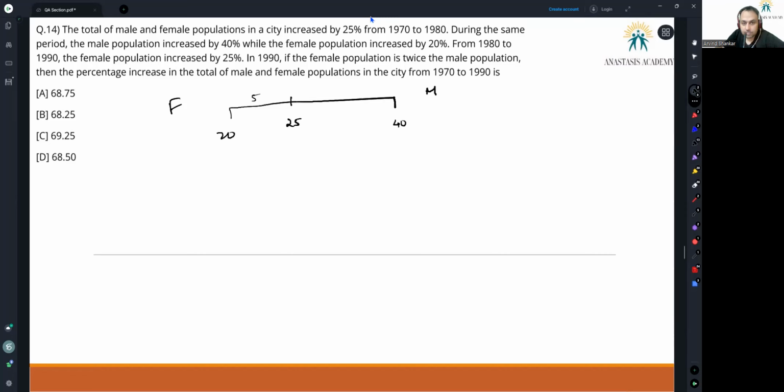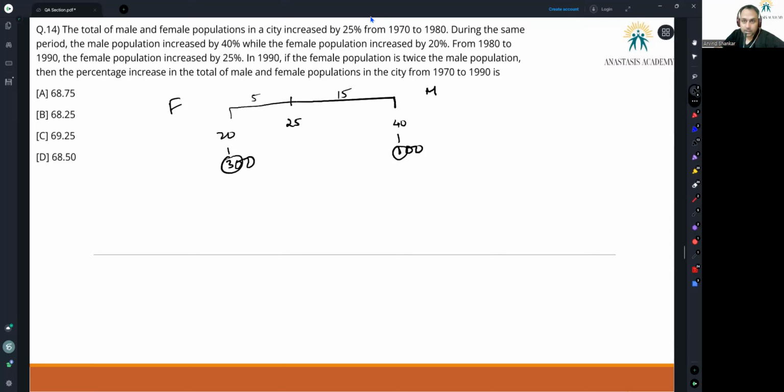This is 5, this is 15. So here 3 units, here 1 unit. But given that more percentage changes happen in future, I will say there were 300 females and 100 males in our original storyline.